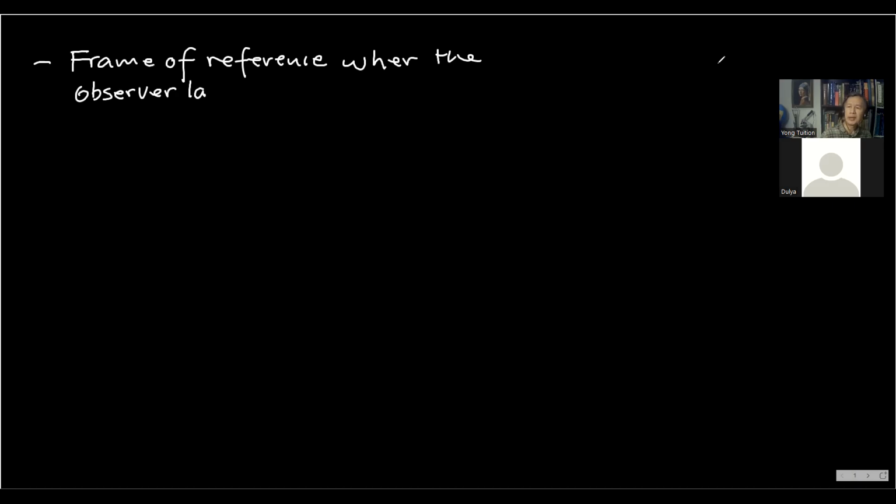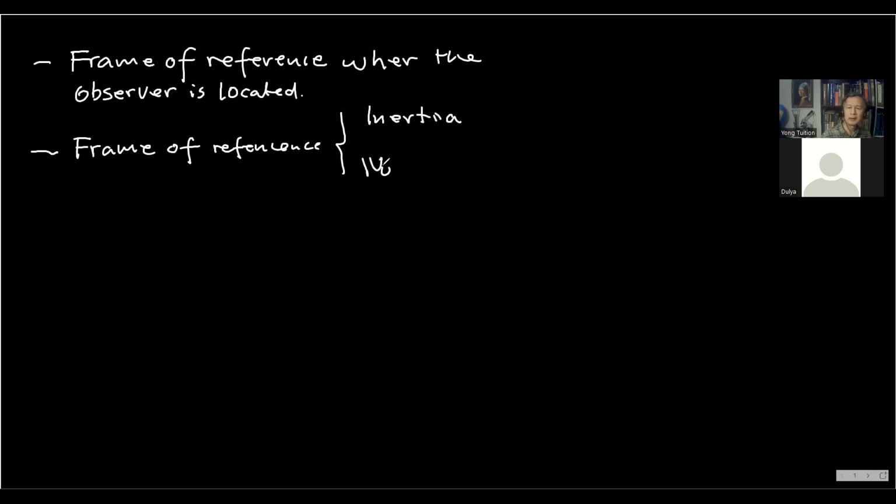So for any observation, any result, any phenomenon, you have to specify who observed that phenomenon, especially when you study motion. And the frame of reference can be divided into two: one is called inertial, and the other non-inertial.